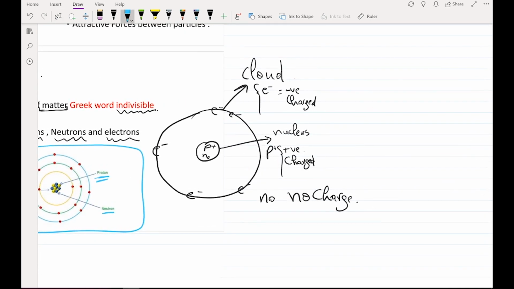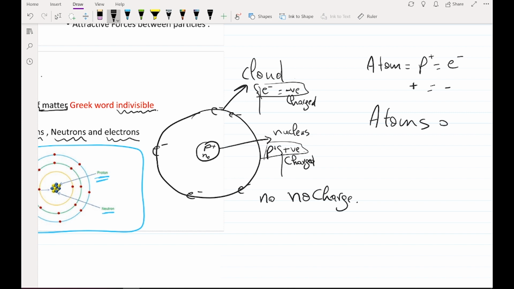We agreed that electrons are negatively charged and protons are positively charged. If the atom has protons equal to electrons, then the positive charge is equal to the negative charge, so atoms are neutral.